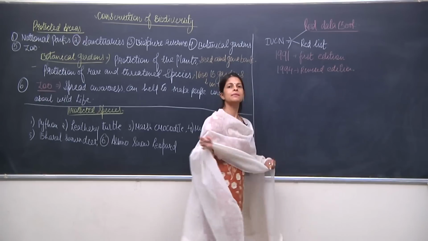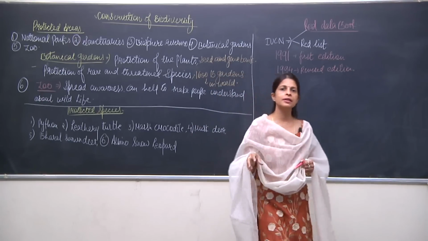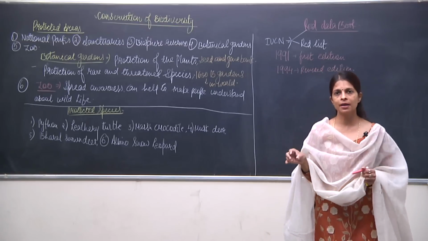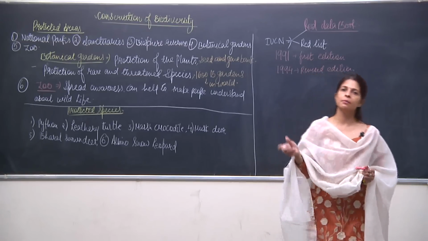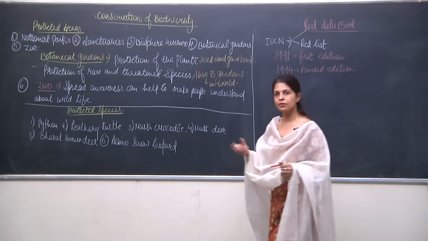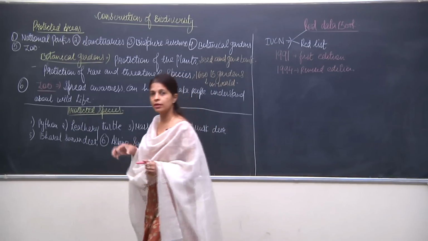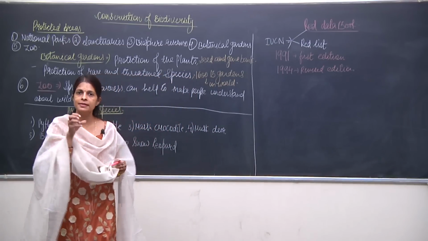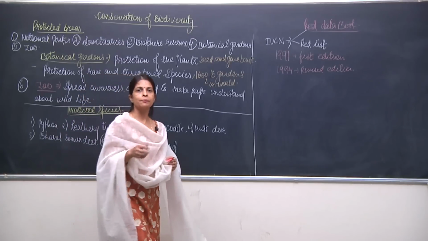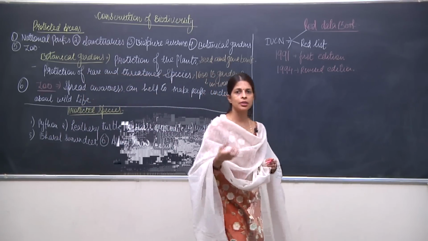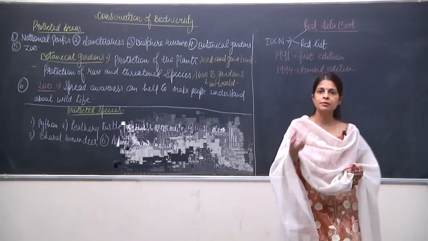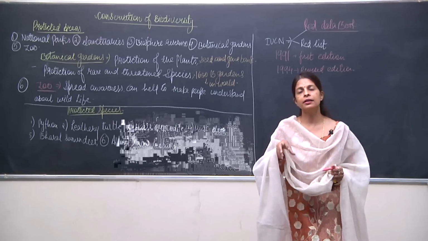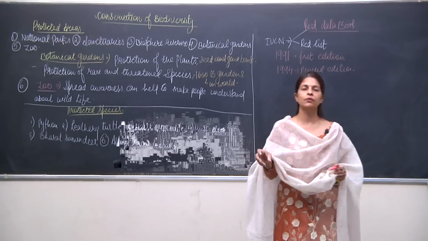Children, as I am saying there are these many sanctuaries and national parks, you may get a different number in some different books. If you search on the net, you will get a current number. These numbers keep on changing.